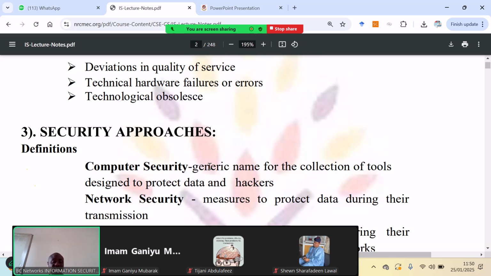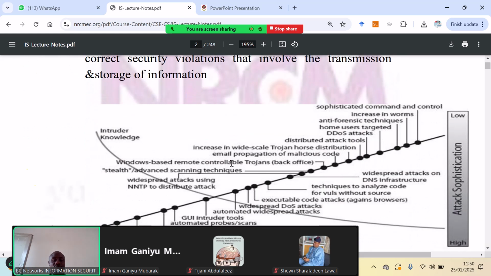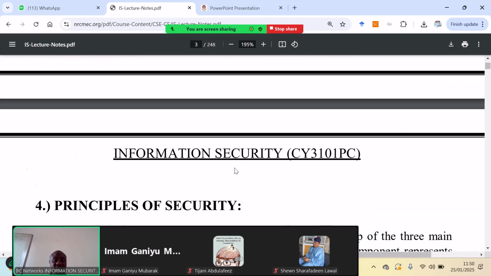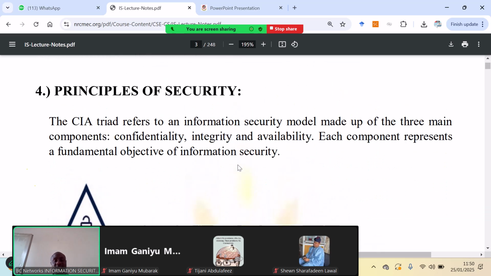That is, the objective of your information systems is to ensure that the systems do not fall out of confidence, the systems are not exposed to unnecessary alterations, that is, the integrity of the systems is maintained, then the confidentiality of the systems, and the availability.